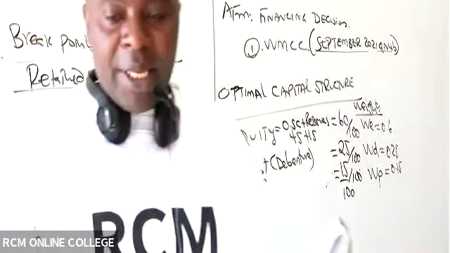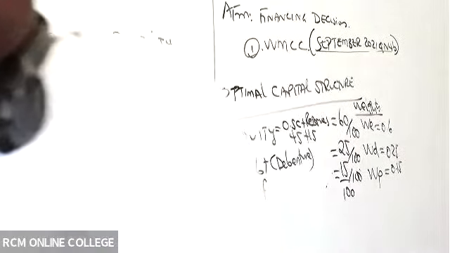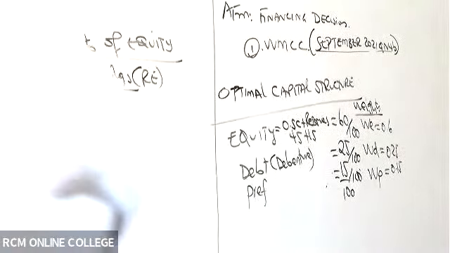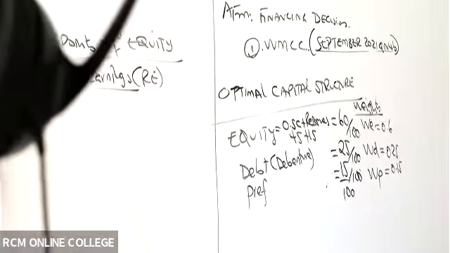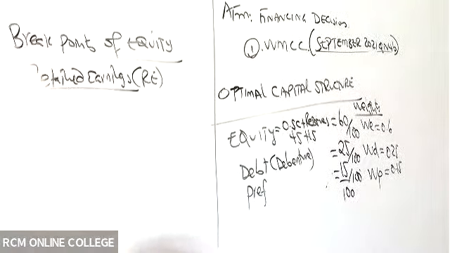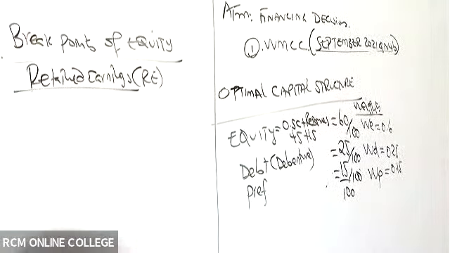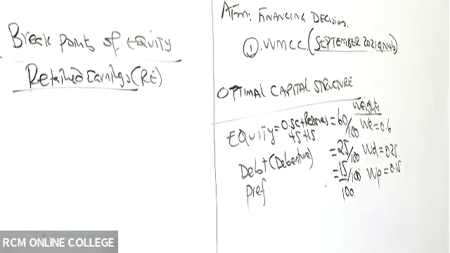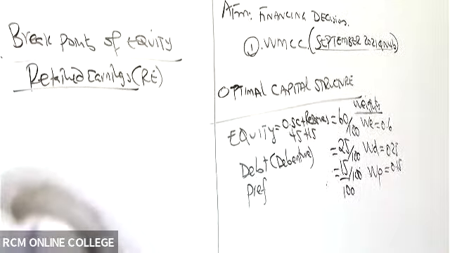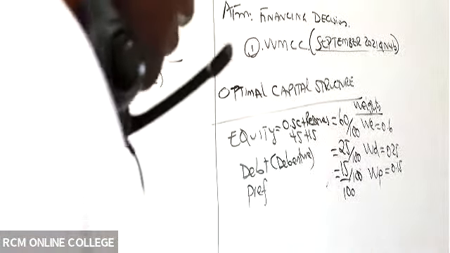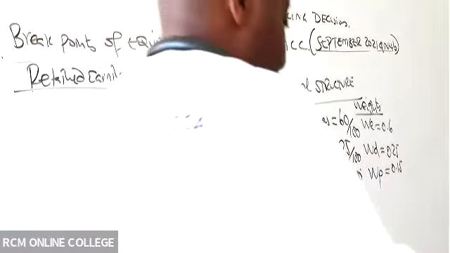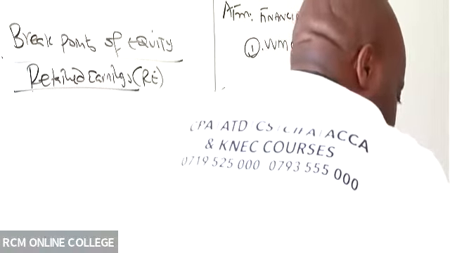So retained earnings, how much do I have here as retained earnings?